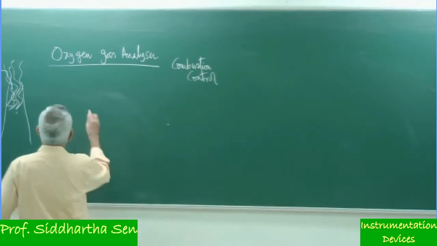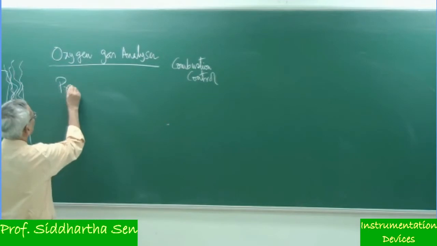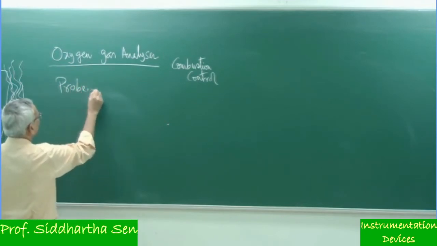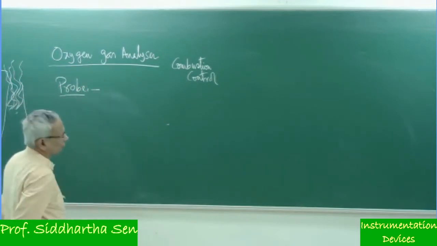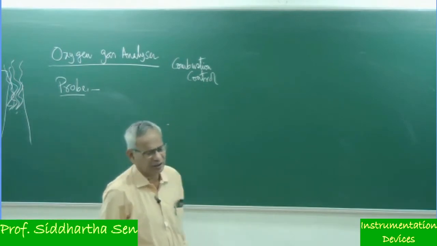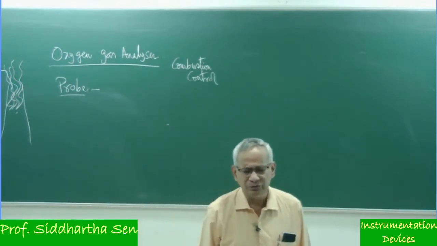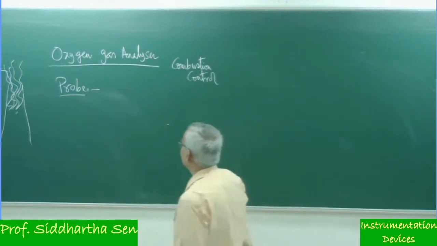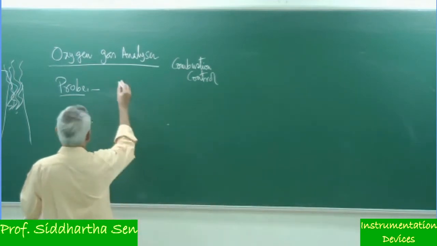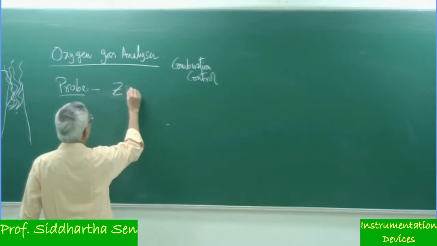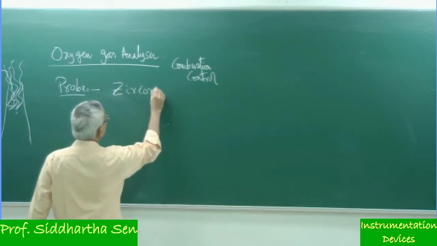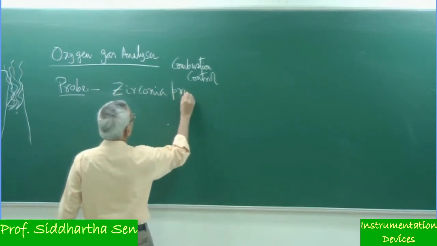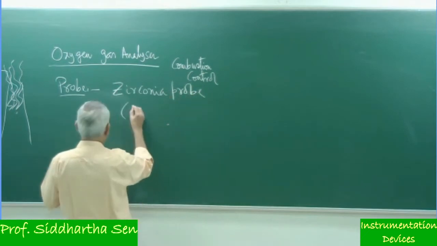So this probe is basically, in the case of pH, we used a glass electrode. Here, this probe is basically zirconia type, zirconium oxide.